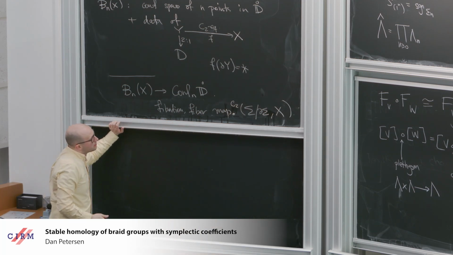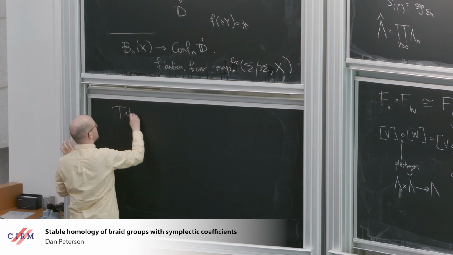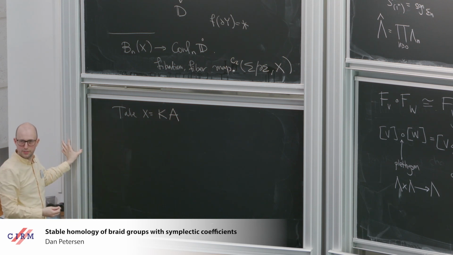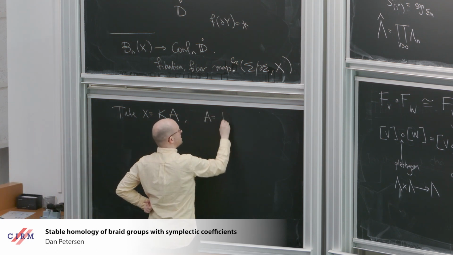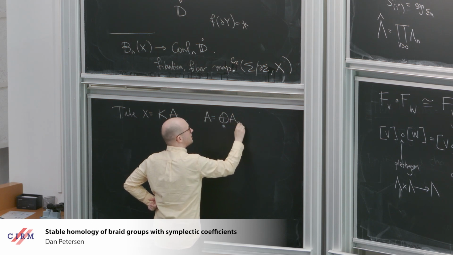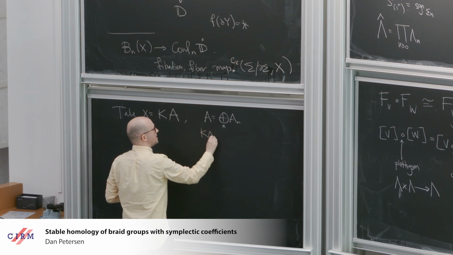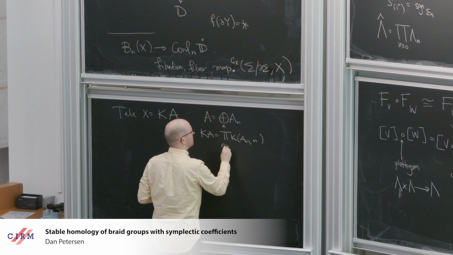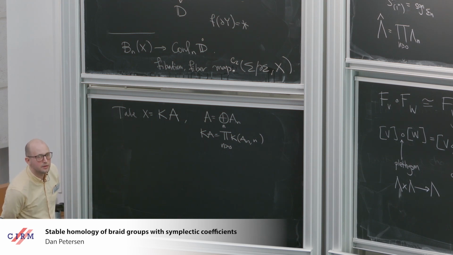And now I will do the trick of choosing X cleverly. So I take X to be Ka, which is my notation for a product of Eilenberg-MacLane spaces. So A, I will assume this to be a graded Q vector space. And then Ka is the following product. Is sigma the same thing as y?